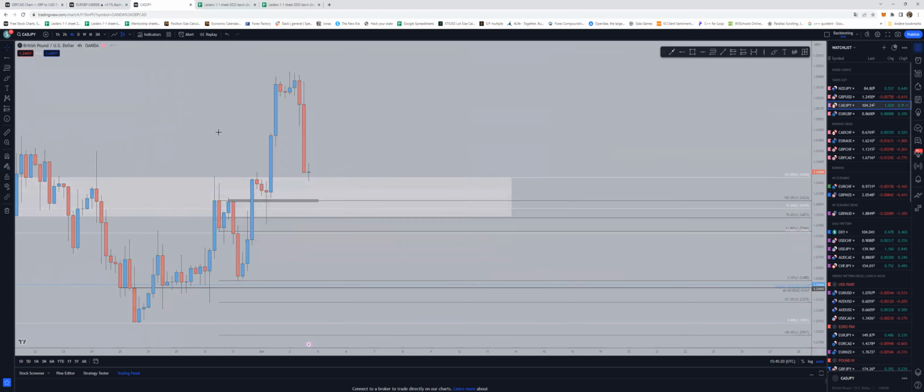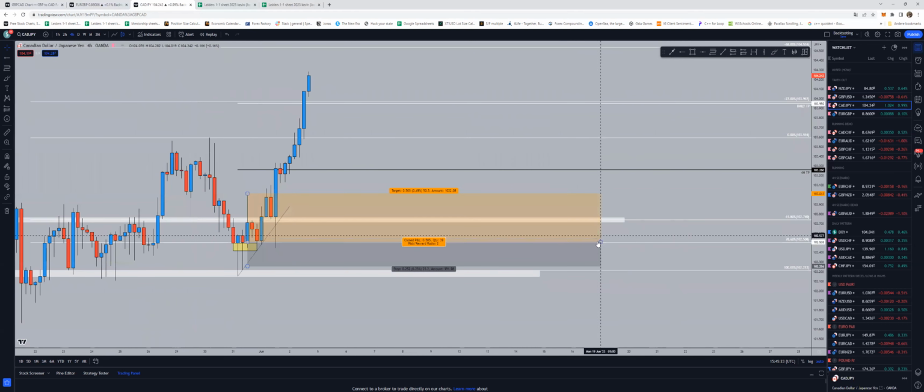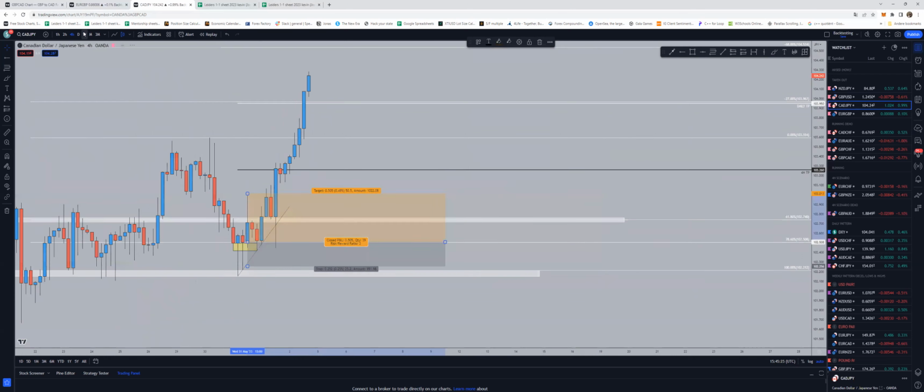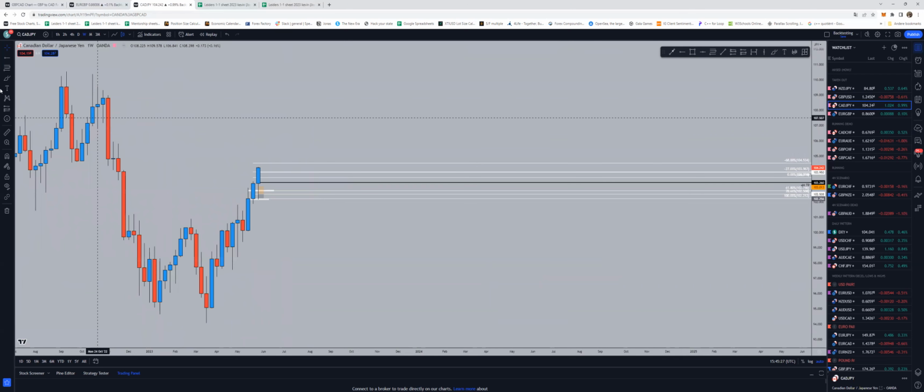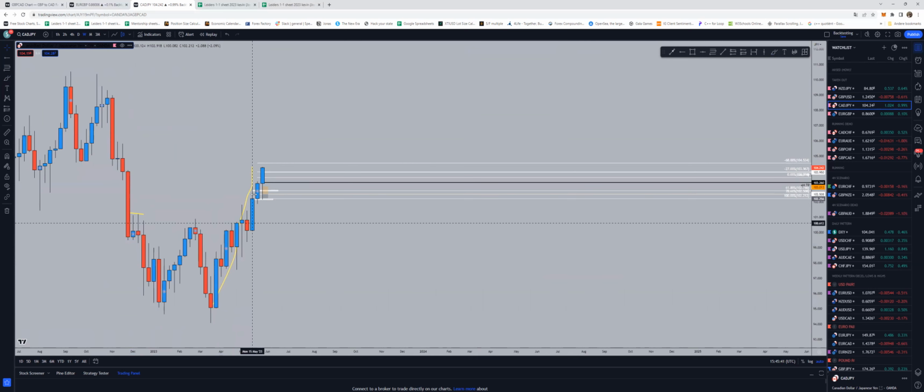Then CADJPY, this was also a break even trade for me. So I went to the weekly, and what I saw on the weekly was we are in a bullish driver because we broke the previous lower highs here. This week we broke it very impulsively and went to the upside, so we had that weekly bullish candle.